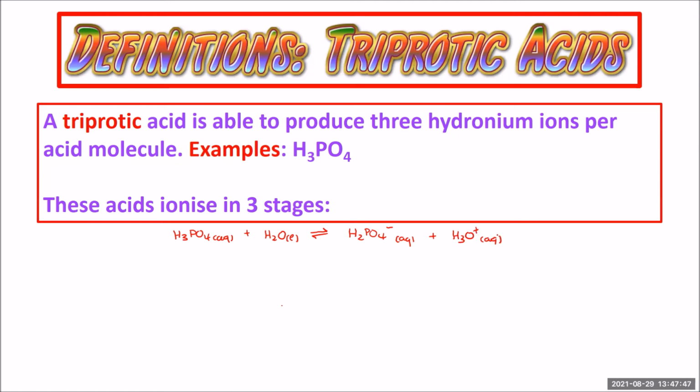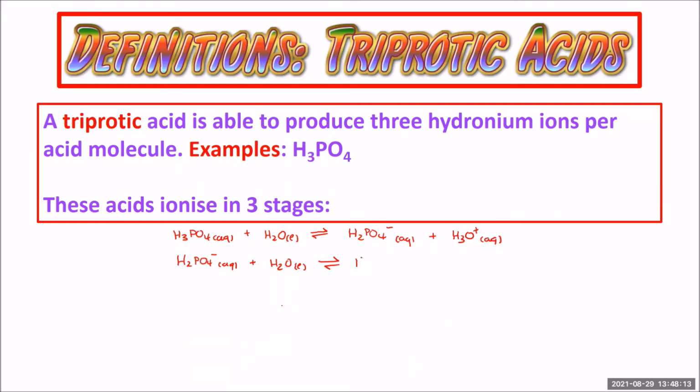Now we're going to take the dihydrogen phosphate ion that was the product of that reaction and ionize that again. This is a weak acid as well. So the conjugate base of the dihydrogen phosphate ion is the hydrogen phosphate ion.